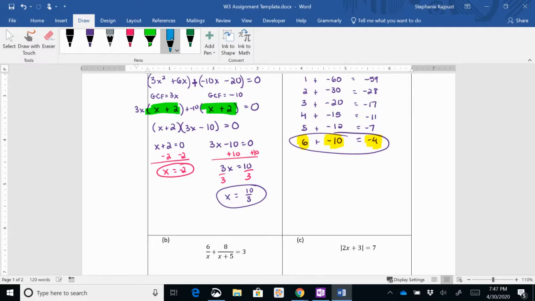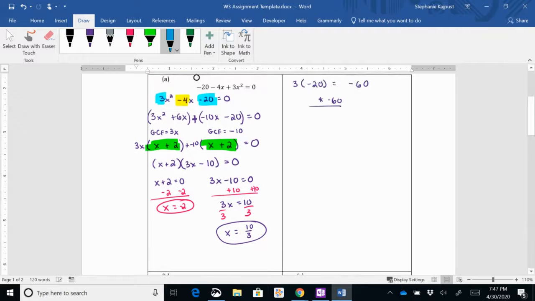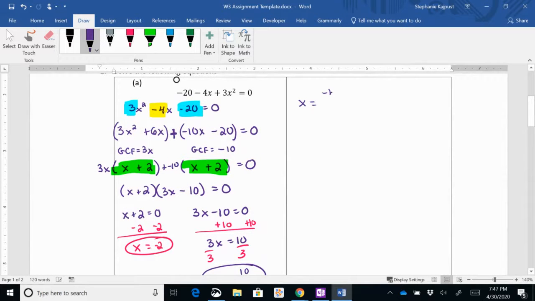So I will do that on the right here so we can see what may have gone wrong. That's probably a sign or multiplication error. If we're using the quadratic formula, x equals negative b plus or minus the square root of b squared minus 4ac, all over 2a. b is what I've highlighted in yellow, that's negative 4.